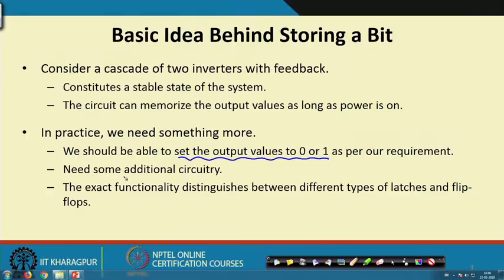For that purpose, we need some additional circuitry, and depending on what kind of additional circuitry you are using and the exact functionality of your circuit, we can distinguish between various kinds of latches and flip flops accordingly, and we shall be discussing this in our subsequent slides.